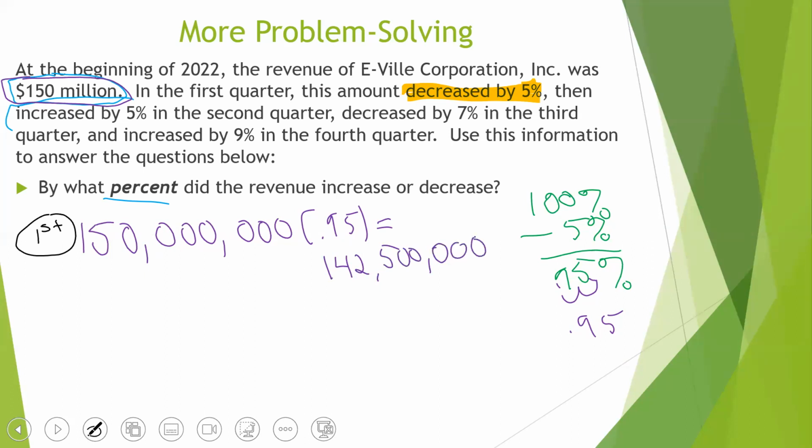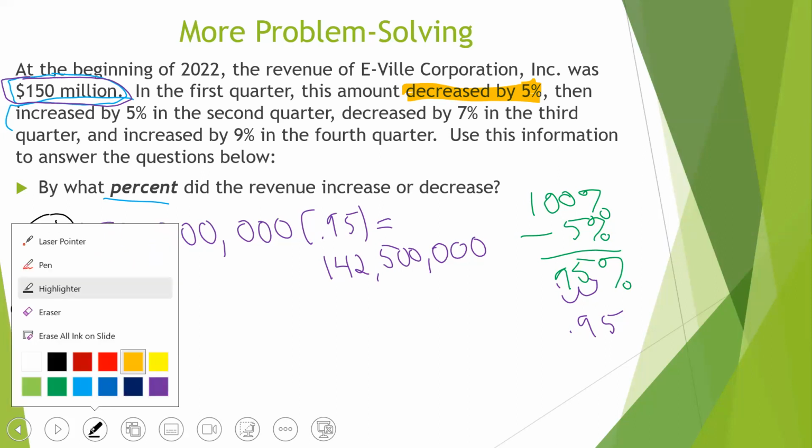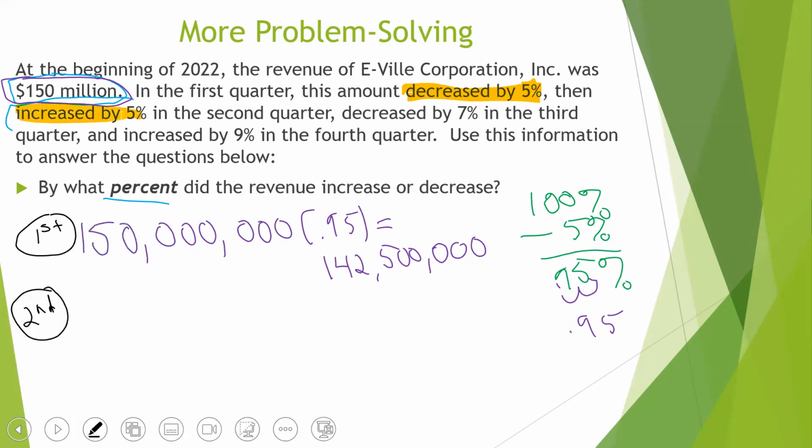Okay, so now let's look at the amount after the second quarter. Now, when we read the information given in the problem, it says it was increased by 5%, which maybe makes you think that if we decreased by 5% and then increased by 5%, we should be back to where we started.